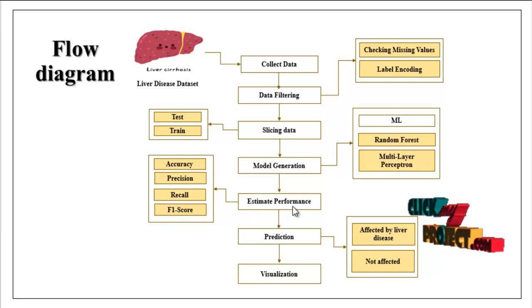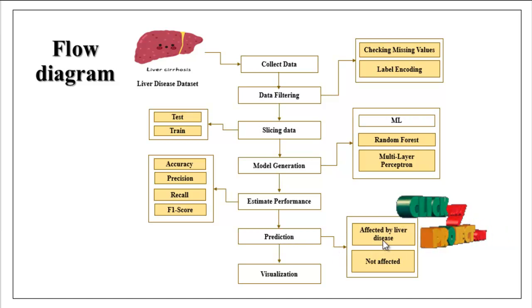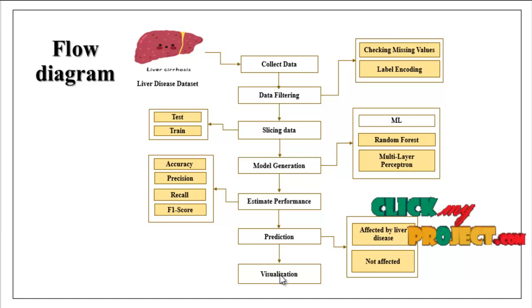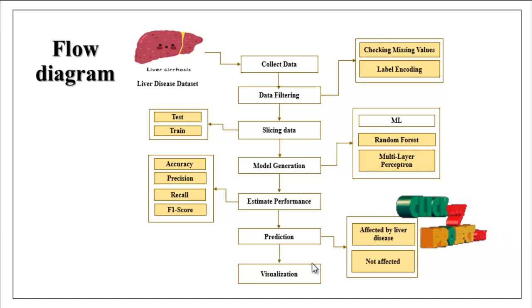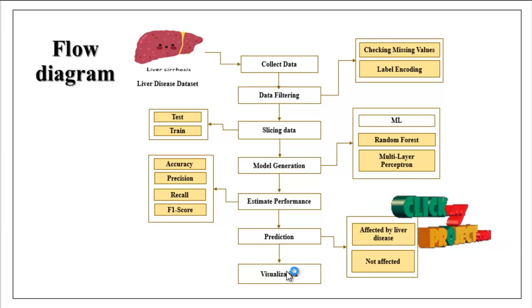With the help of that estimated performance, we can predict whether it is affected by liver disease or not affected. Then for visualization, we compare the results of both algorithms in the form of a graph. This is the flow of our project.